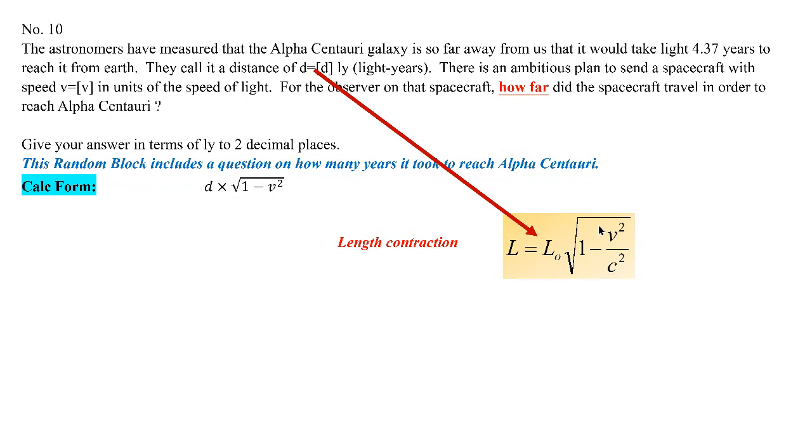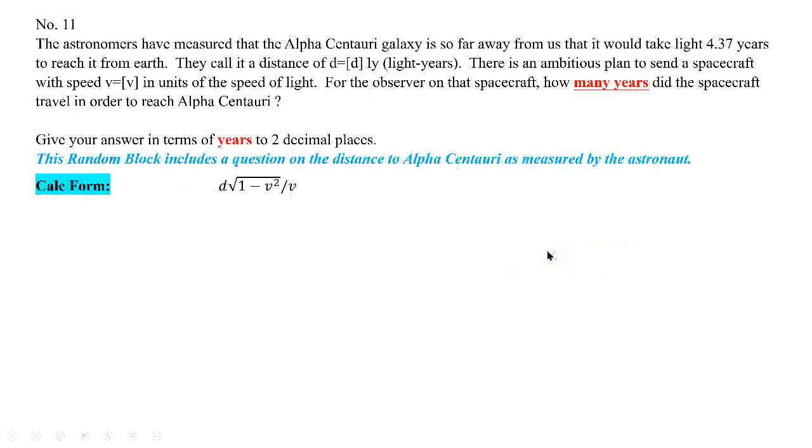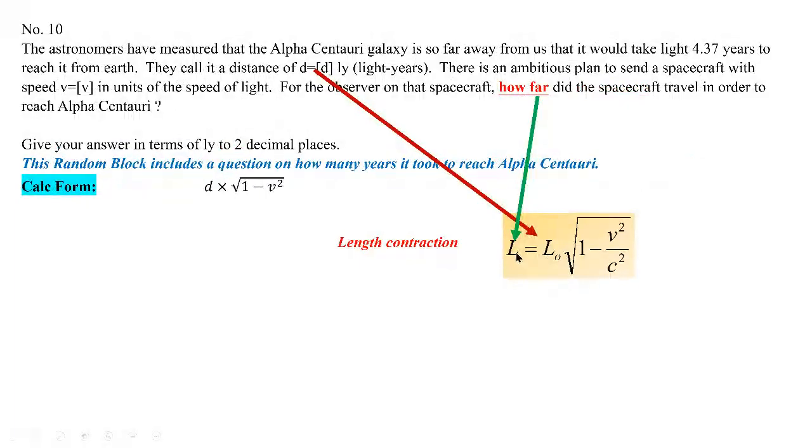And the distance is therefore the contracted distance. L is what was the ground observer times the square root of 1 minus v squared over c squared. All right? Are you able to grasp this?